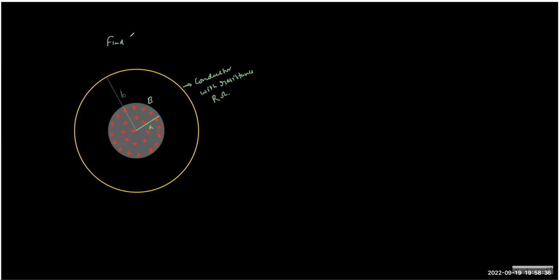Find the current through the conductor when B is switched off.